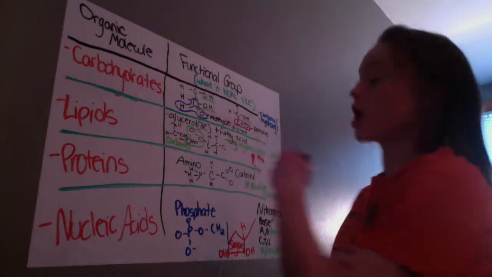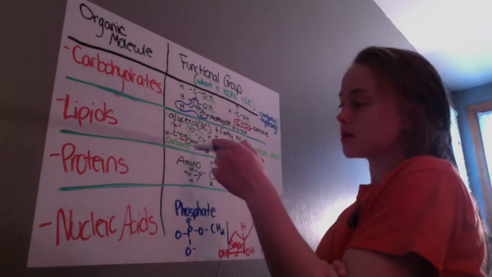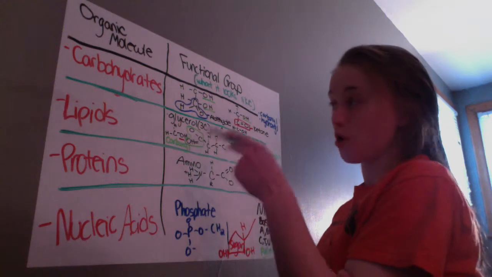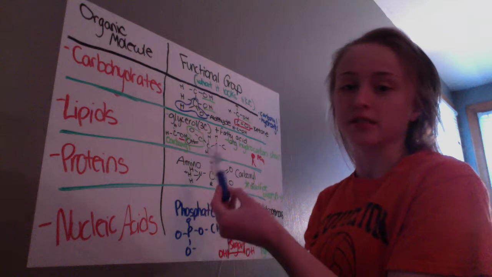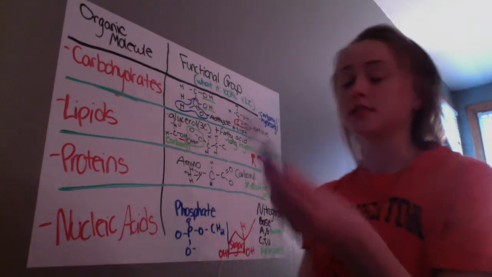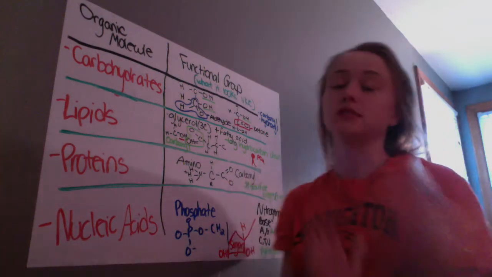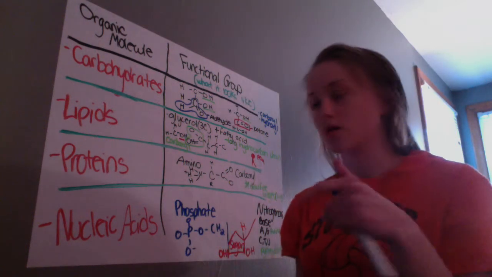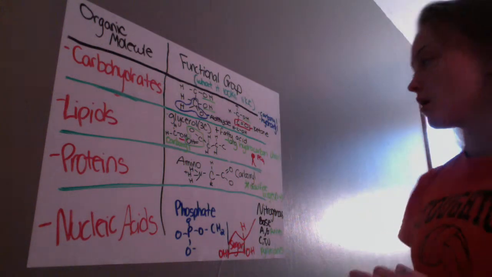In carbonyl, C is double bonded to O, while in carboxyl, C is double bonded to O and single bonded to OH. That's an important thing to differentiate between the two. Carboxyl is COOH, whereas carbonyl is just C double bonded to O. Carbonyl is only in carbohydrates, it's not in lipids.